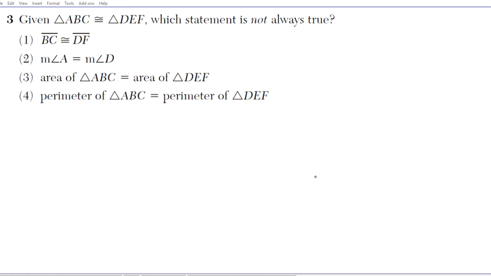All right, let's take a look at question 3. It says that given triangle ABC is congruent to DEF, which statement is not always true? It could be true sometimes, but not always true. Now, what do we know about congruent triangles? Let's write down something to note real quick.